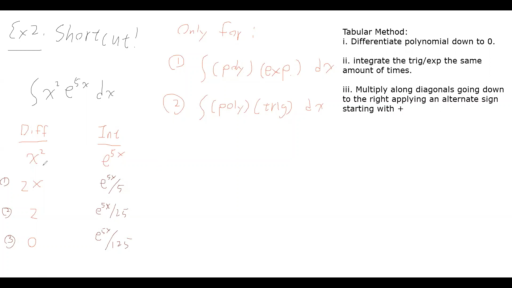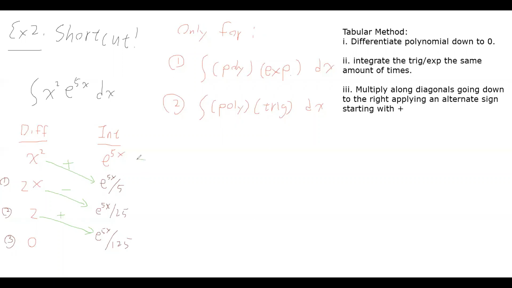So we're going to start with this x squared on the left-hand side, and then move down like that, move down like that, move down like that. The first one is going to be positive, and then alternate sign, negative and positive.